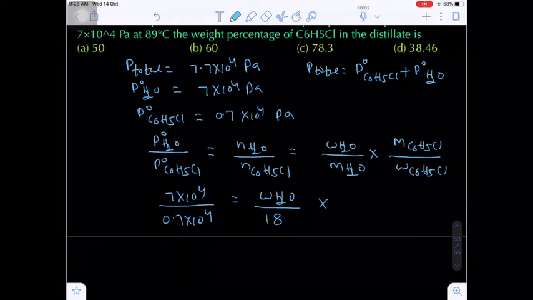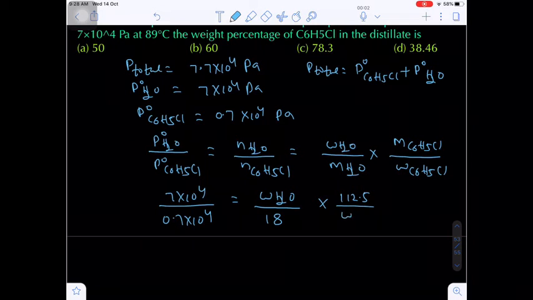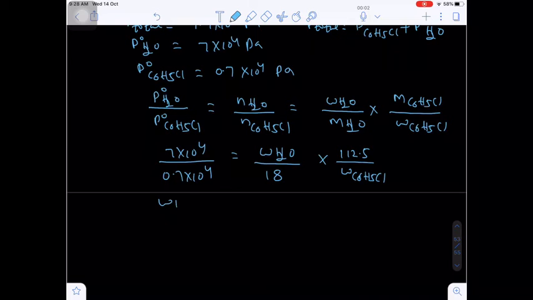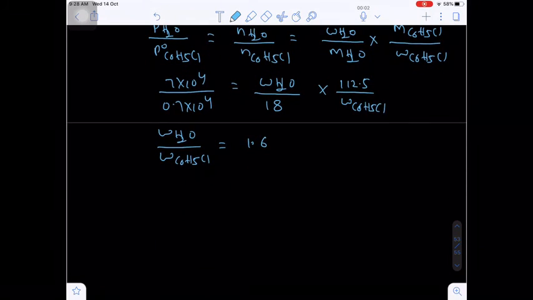The molecular weight of chlorobenzene will be 112.5, divided by weight of chlorobenzene, unknown. Okay, from here weight of water divided by weight of chlorobenzene will be equal to 1.6.